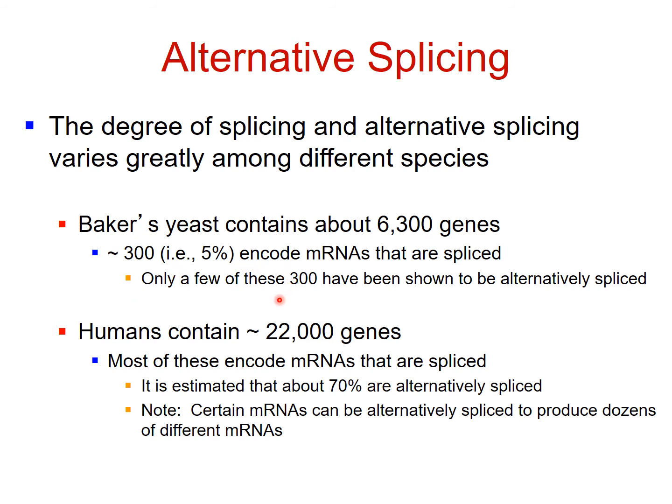Now, humans contain approximately 22,000 genes, and this number is changing all the time. Most encode messenger RNAs that are spliced, and it's estimated that about 70% of them are alternatively spliced. And these alternative splicing pathways for some messenger RNAs can result in dozens of different messenger RNAs all originating from the same gene.